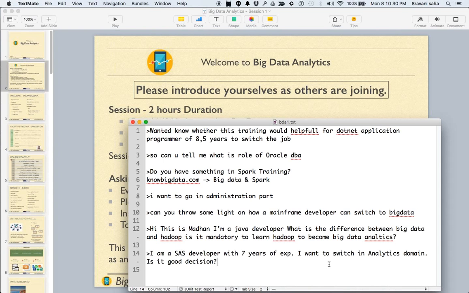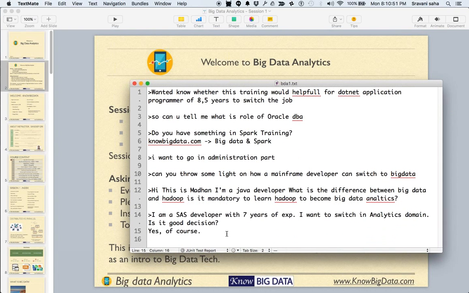Now we have a question from Saqib. I'm a SAS developer with 7 years of experience. I want to switch to the analytics domain. Is it a good decision? Yes, of course. Because if you are a SAS developer, then you have a fair amount of idea about SAS already.